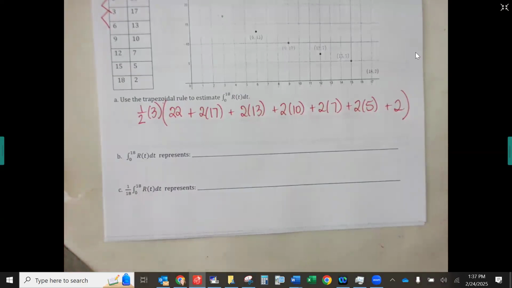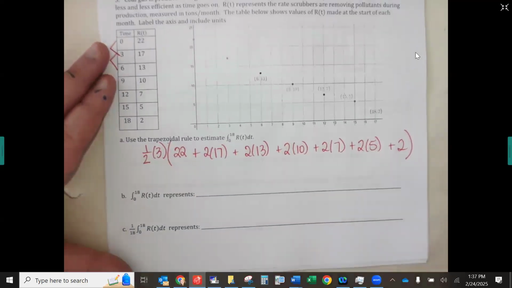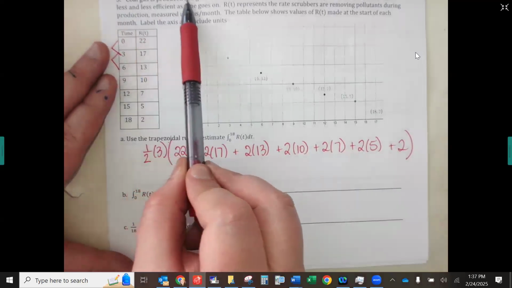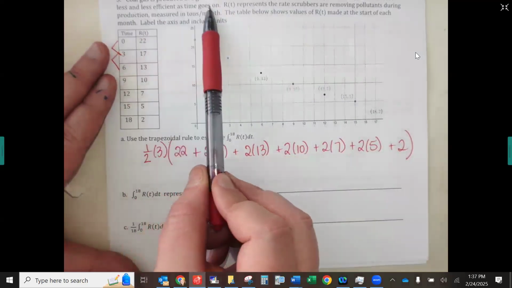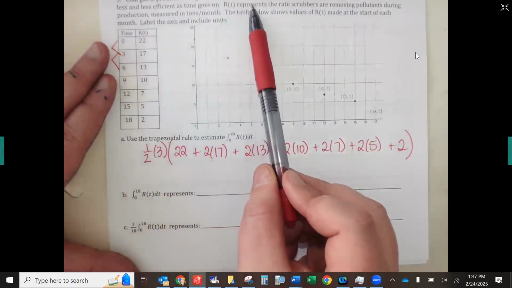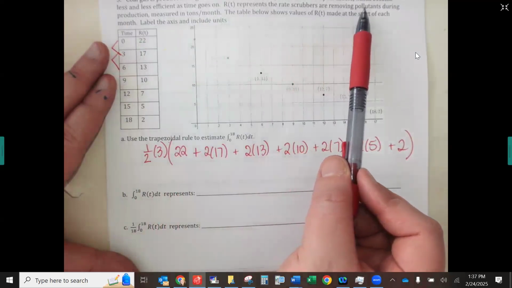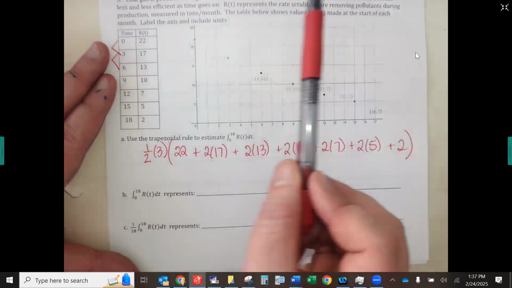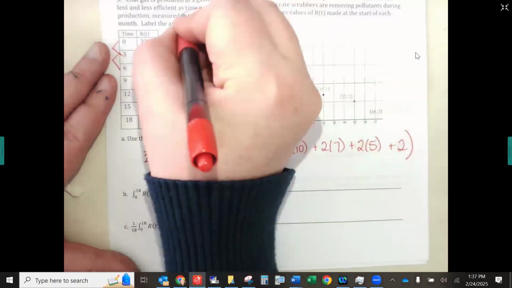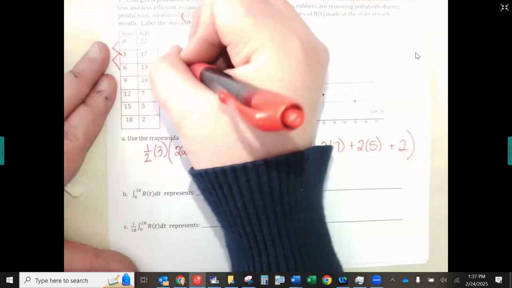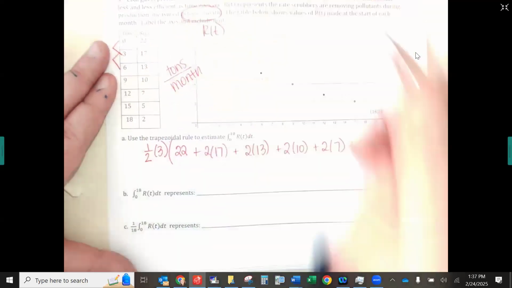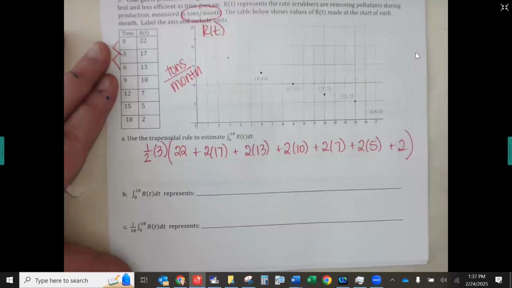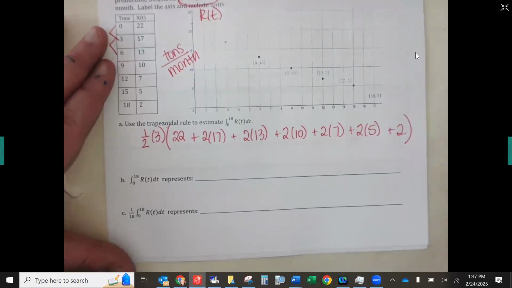All right, now let's do our represents. Let's read the question. It says, coal gas is produced at a gas works. Pollutants are removed by scrubbers, which become less and less efficient as time goes on. R of T represents the rate scrubbers are removing pollutants during production, measured in tons per month. So if this is tons per month for my R of T graph, what will R of T's antiderivative be?